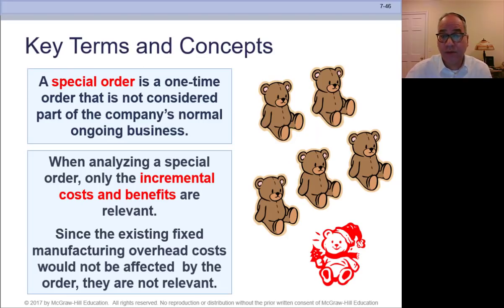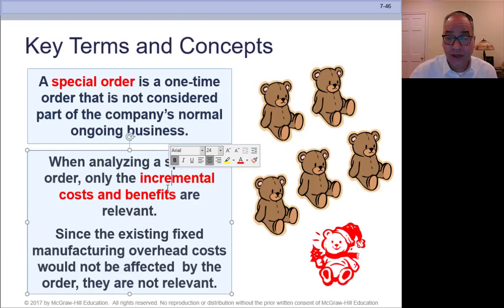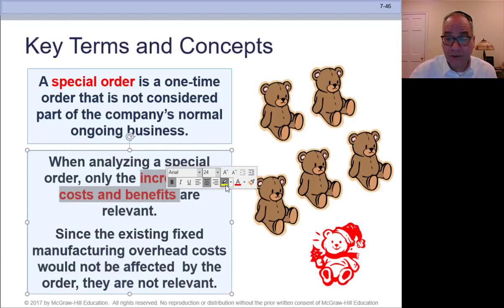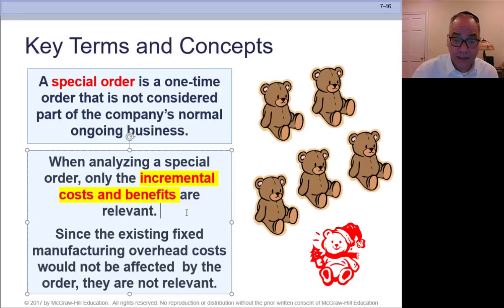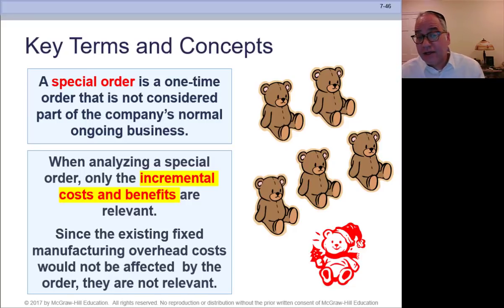So this is a one-time order, and it's not your normal business. What you really want to focus on are relevant costs, and in this case, what I'll call incremental costs. Costs above and beyond what you would normally pay. Fixed costs here are usually not relevant because fixed costs are there anyway, and they're going to be there if you take the special order, and they're going to be there if you don't take the special order.